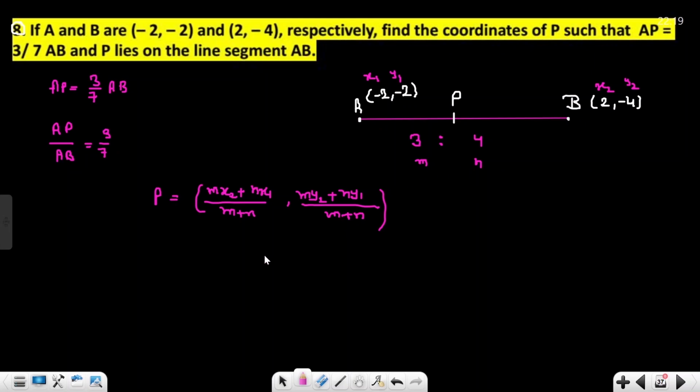So put in the values and solve this question yourself. This is your homework.